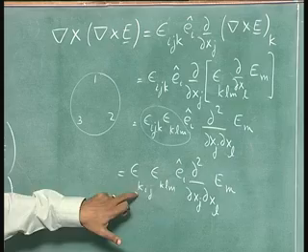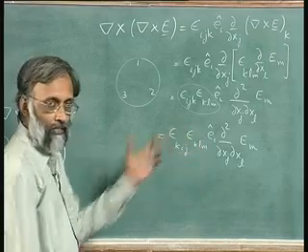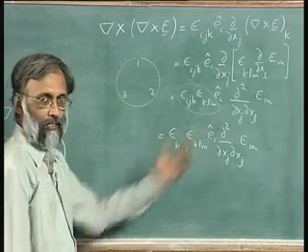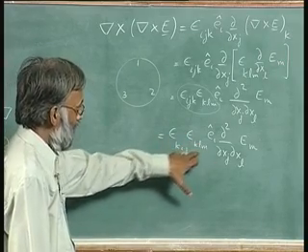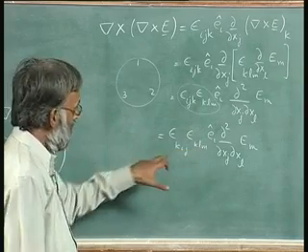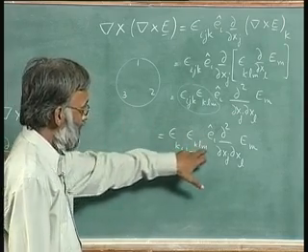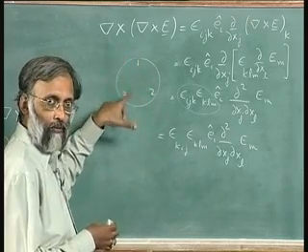Now, kij must each be different, klm must each be different, otherwise these expressions are 0, which means either i equals l, j equals m, or i equals m, j equals l. If i equals l and j equals m, both of these are clockwise or both of these are counterclockwise.